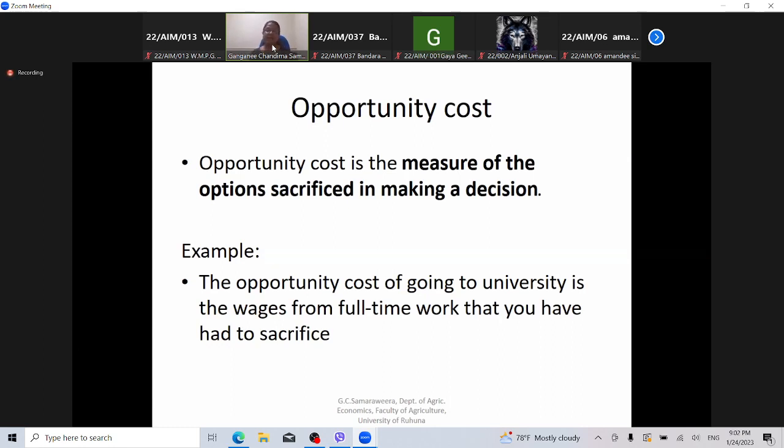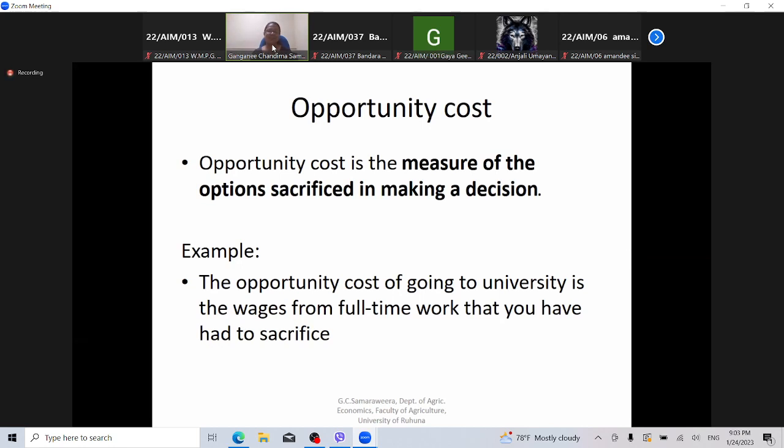But sometimes he may not have a chance to do full-time work. Then we can't calculate the opportunity cost like this. Opportunity cost is the foregone cost. Let's take a recent example: rather than staying 2 hours in this lecture, you may go to a shop and do a part-time job for 2 hours.